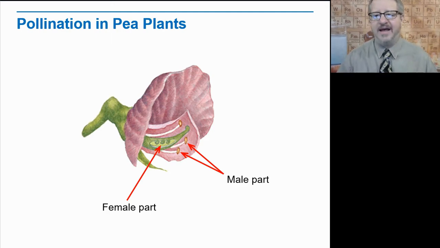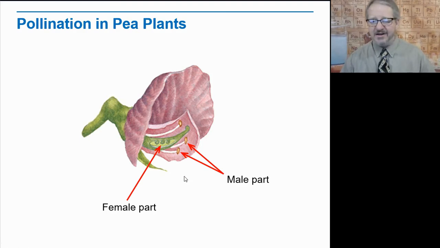Now, why did he get the pollen and why did he brush it on the end of the stamen or the pistil? Well, because those are the male and female parts, as you can see clearly here. So inside is the female part where there are seeds found, and then these are the stamens. They produce pollen, which are basically the male cells, gametes, the sex cells.